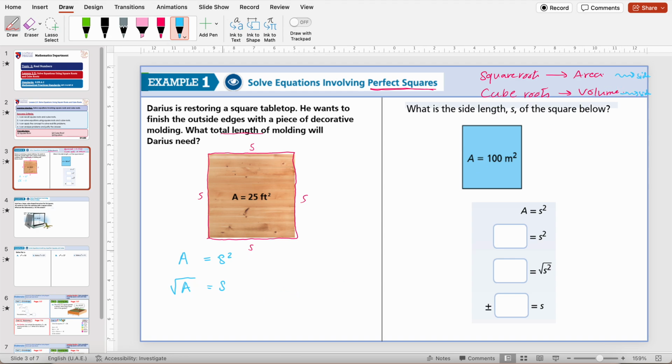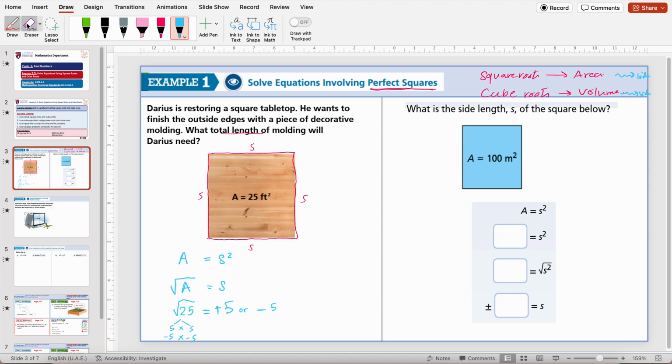So what is the area here? They told us that the area is 25. So I can say that the square root of 25 is going to give me the side, okay? So what is the square root of 25? I can do 5 times 5, so the answer is 5, positive. Or it can be negative 5 times negative 5. So it's either a positive 5 or a negative 5.